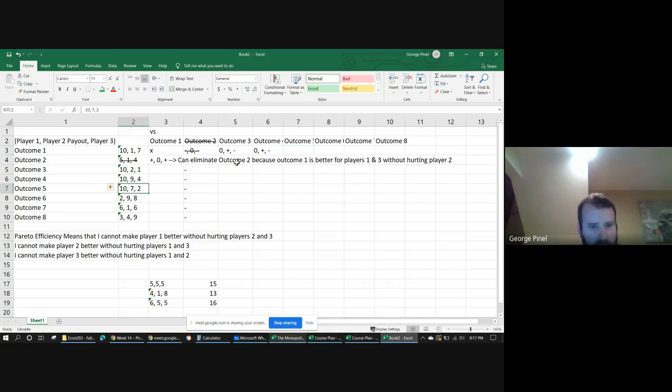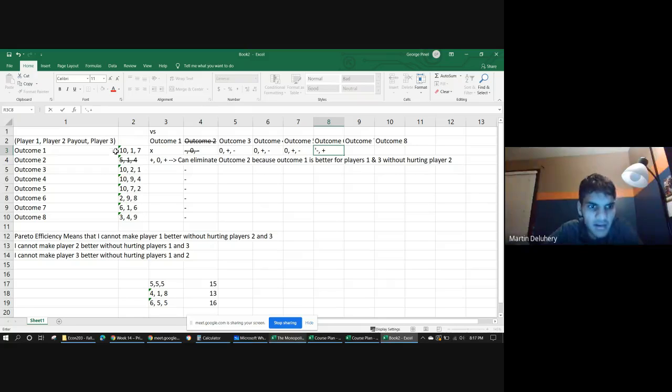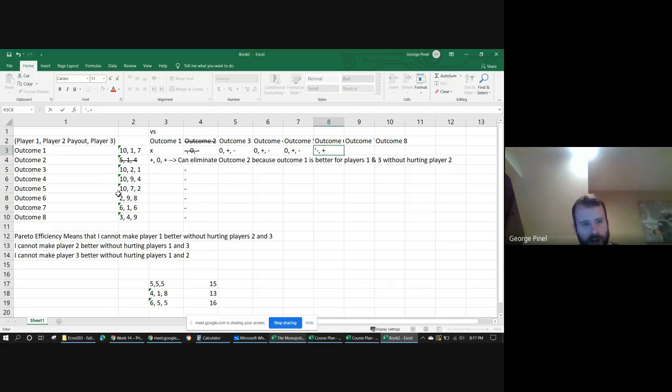10, 7, 2, same thing is going to be 0, plus, minus, right? 2, 9, 8 is going to be a minus, plus, so 10 to 2 is minus. Make sense? So yeah, player 1 loses going from outcome 1 to outcome 6.